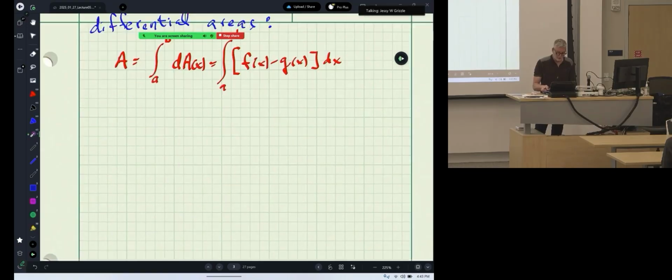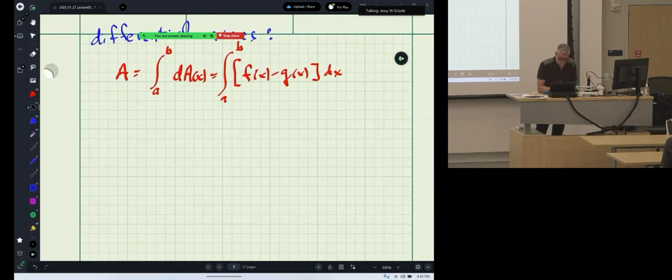Okay, so let's just do an example, and it will bring up a few other properties of integrals.